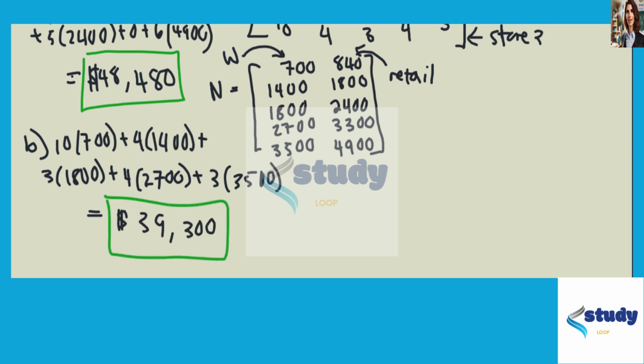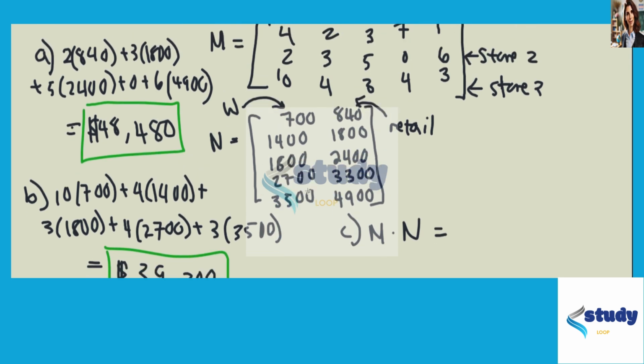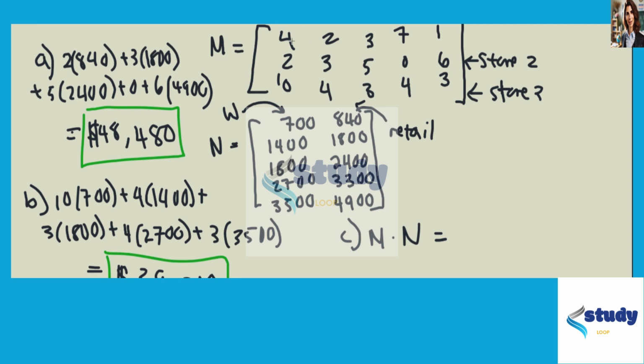Part C asks what the interpretations are for M times N and N times M. For M times N, the number of columns in M, the first matrix, must equal the number of rows in the second. The number of columns here is 5, and the number of rows here is 5 as well.